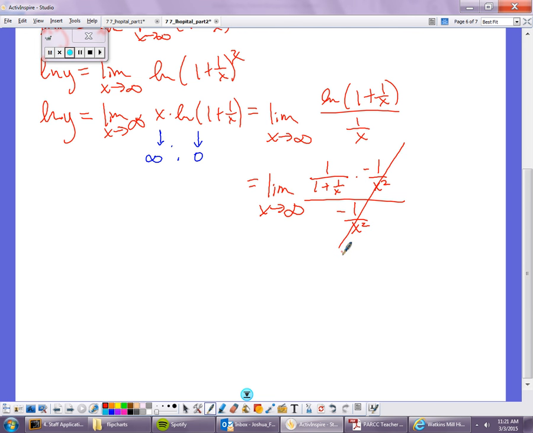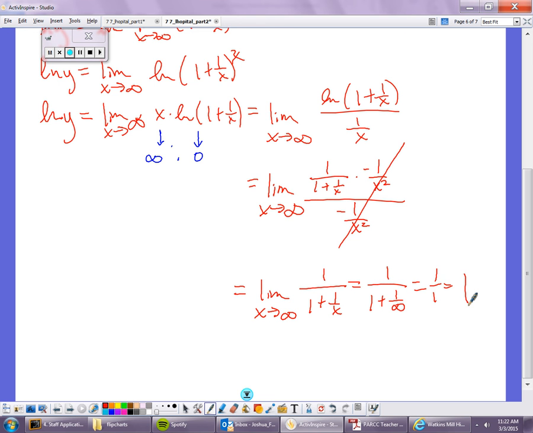So again, just like in that other problem, these two cancel out, and I end up with the limit as x goes to infinity of 1 over (1 plus 1 over x). Now this is doable, because I can use direct substitution here. I get 1 over (1 plus 1 over infinity). This becomes 0, so I end up with 1 over 1, or just 1.